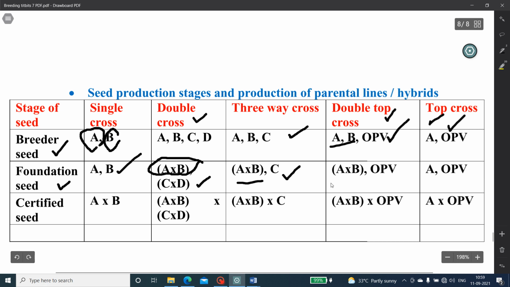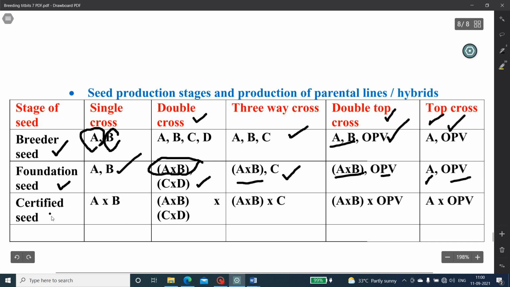And in double top cross, A and B and OPV have to be multiplied in different fields by keeping isolation. Here also the A inbred line and OPV are multiplied in different fields, in order to increase the quantity of foundation seed that will be supplied for seed production.